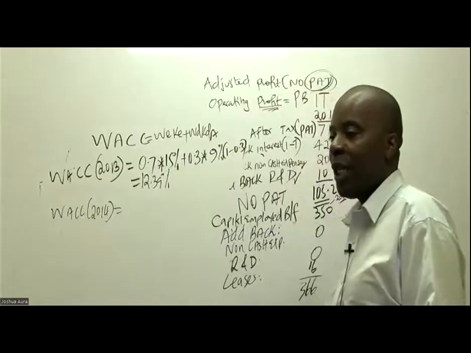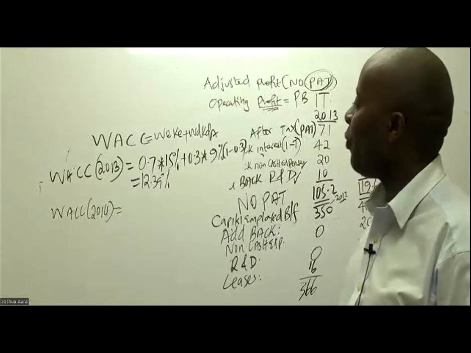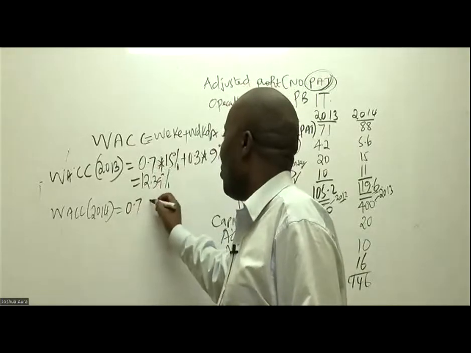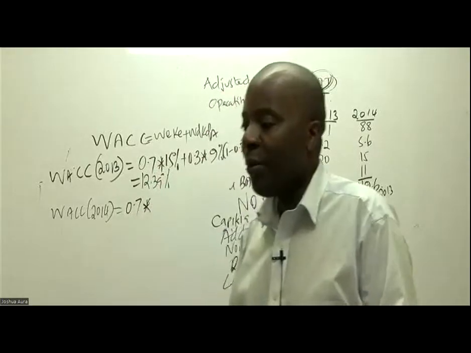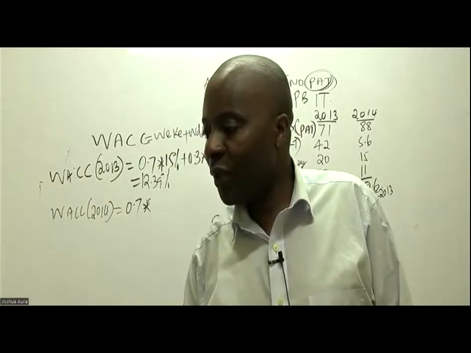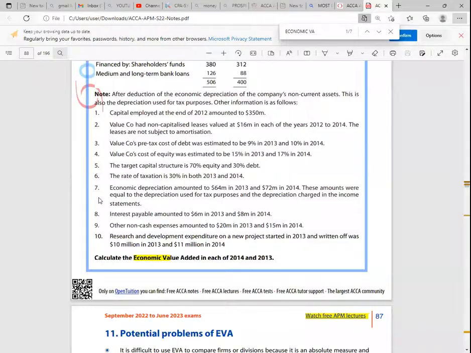So on the same breath, come and give us the WACC for 2014. I'll talk over 0.7, which is the weight of equity, multiplied by the cost of equity. The cost of equity, as per note number 4, is what here, somebody? It is 15%.